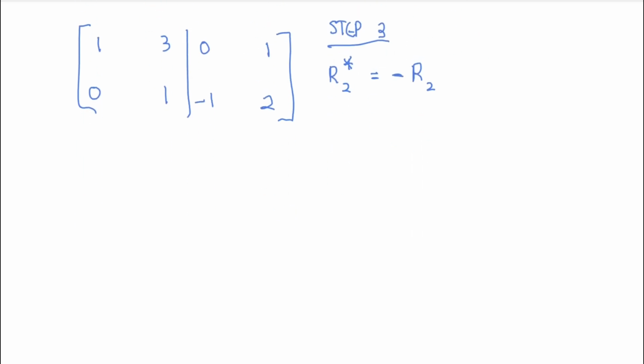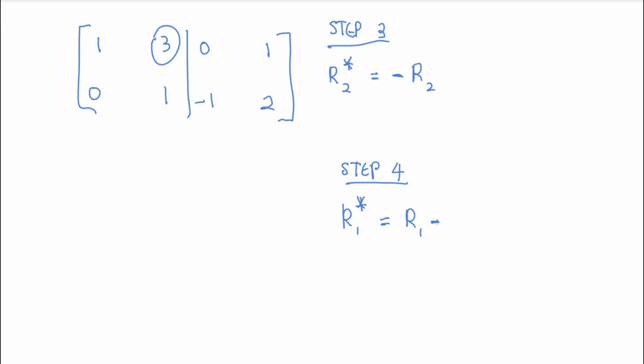Lastly, for step 4, last step, you want to obtain the element here into 0. So the new row 1 is equal to the old row 1, which is 3. 3, you minus 3, you will get 0.